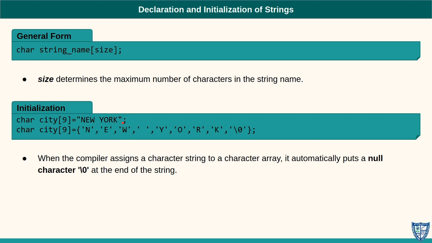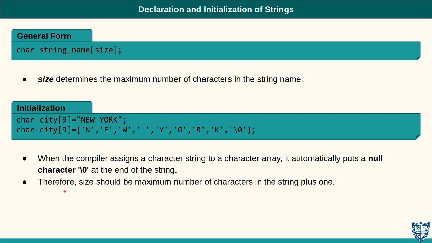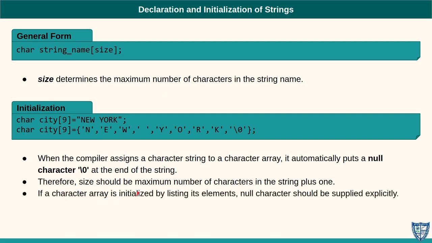In this case, it will automatically put it, but in the second case, since we are initializing with separate characters for each letter, we need to put a \0 at the end. So the second point says, if a character array is initialized by listing its elements, like in this format, the null character should be supplied explicitly. Explicitly means you need to mention it here.